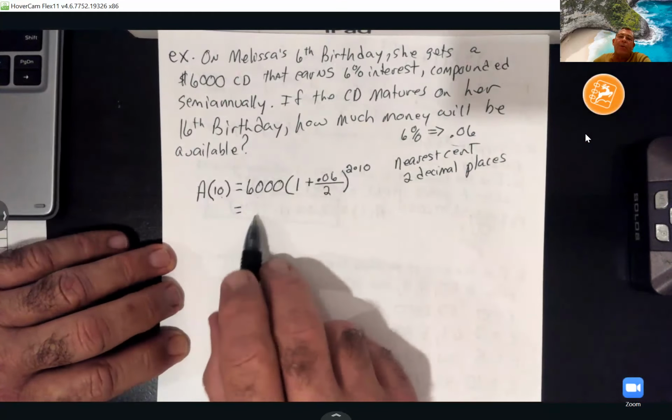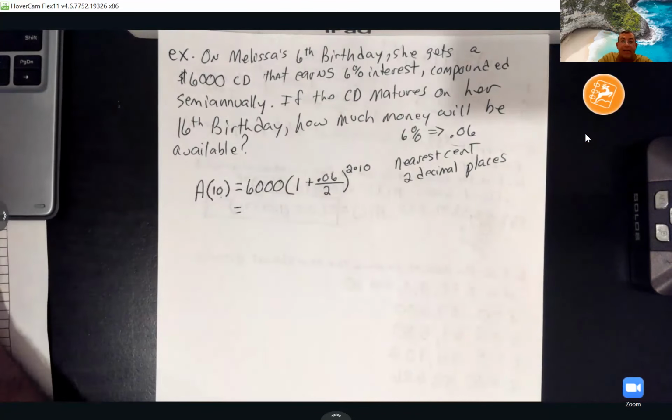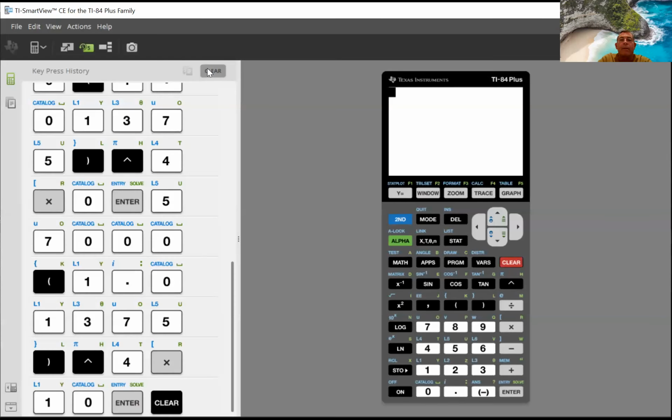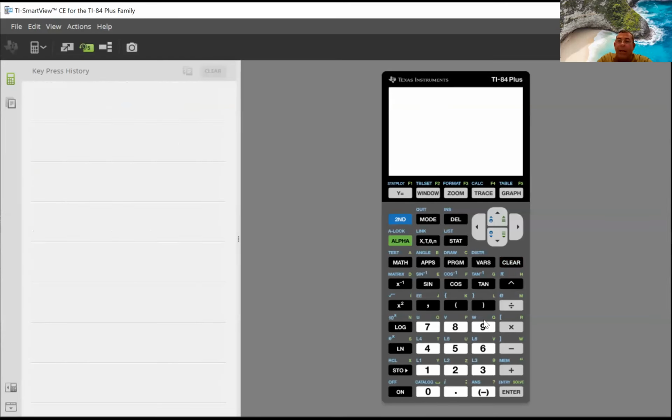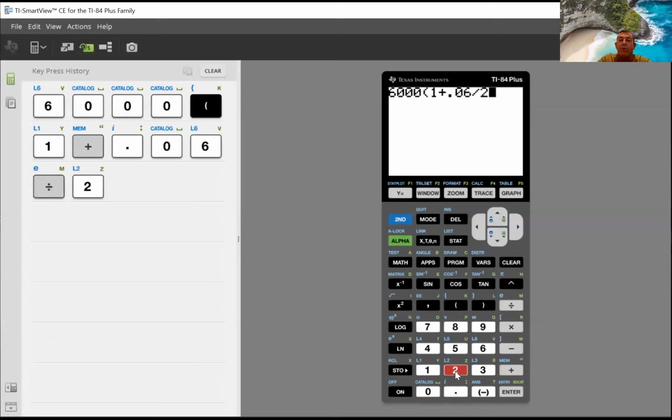So for this one, I would probably just punch it in my calculator since it's the only value I have to find. So let's go play with our calculator. I'm going to clear this off. So we had 6,000, parentheses 1 plus 0.06 divided by 2.